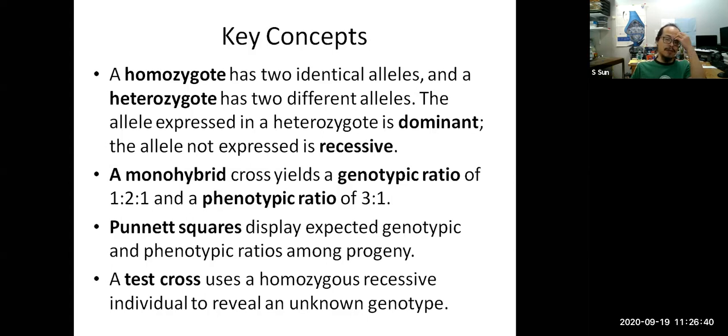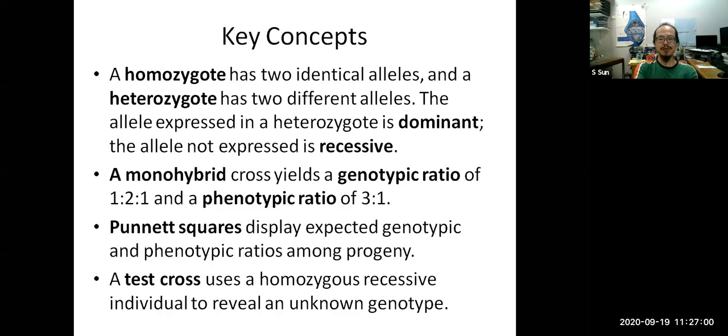This also refers to skip generation transmission: the parents don't have the recessive trait, but the kids do. That means the trait must come from the grandparents.